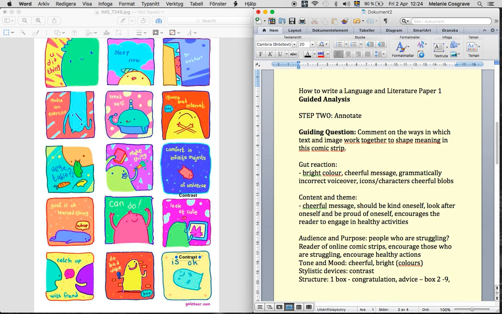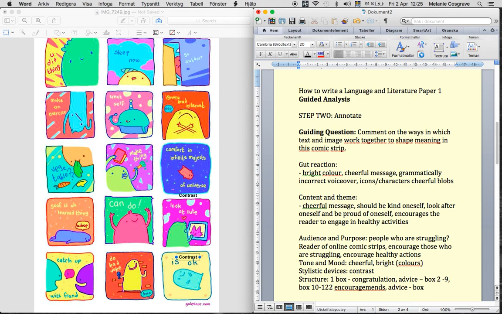Then we have box 10 and 11. These are encouragements. Goof is okay, learned thing, can do. So these are not advice so much as they are encouragements. Then we have some more advice. So advised activities, to be more specific, which is look at cute and catch up with friend and do bad joke.